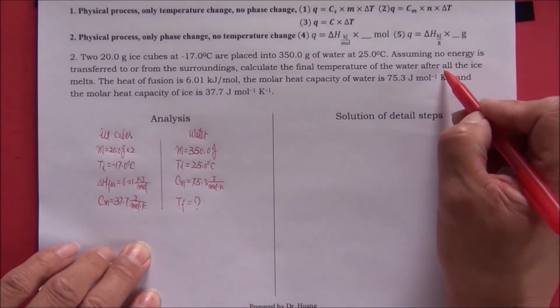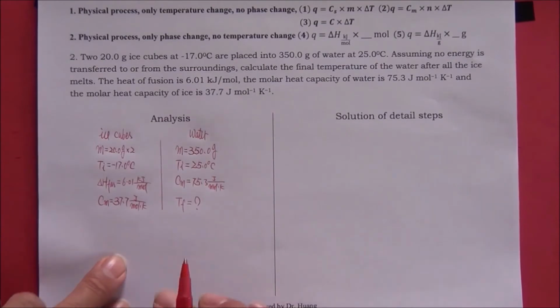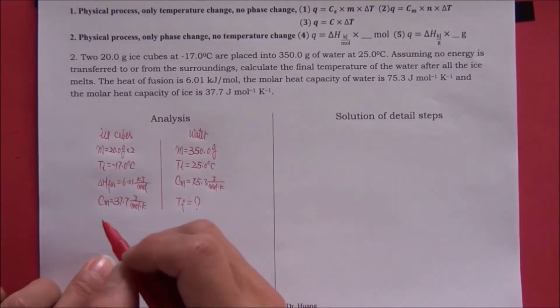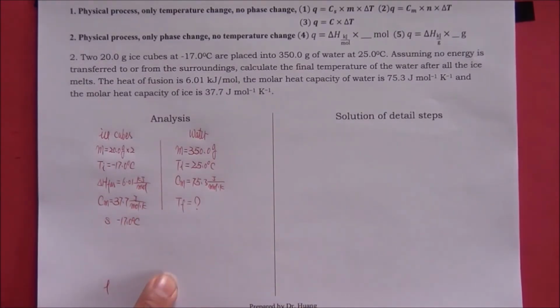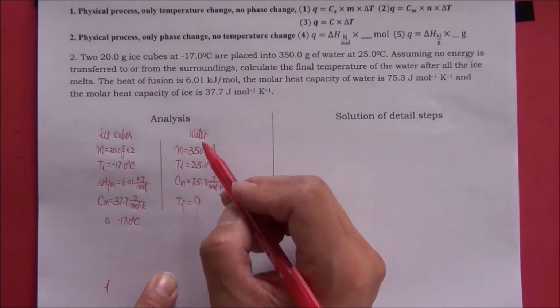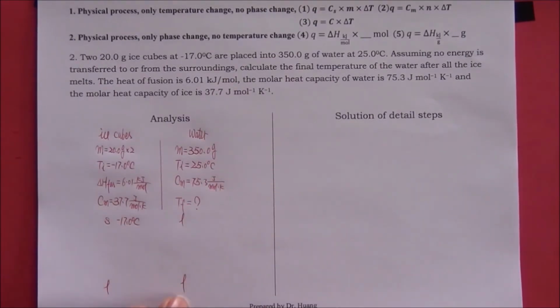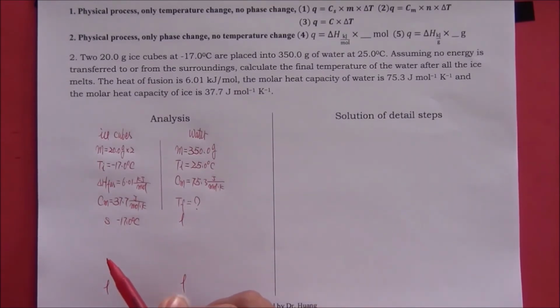When we read, all the ice melts, this tells us that the ice cubes will change from a solid state into a liquid state. It also tells us that the water will remain in a liquid state. This is because if the water will turn to a solid state, the ice will not melt.